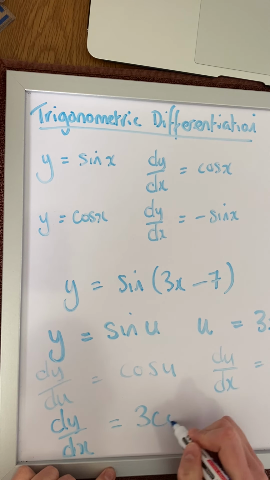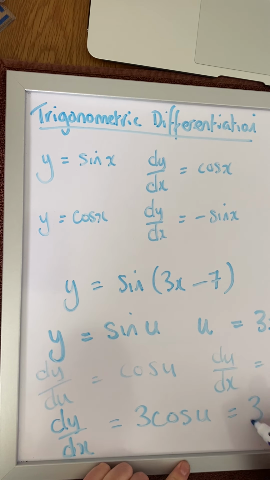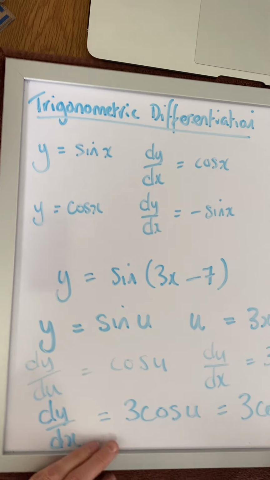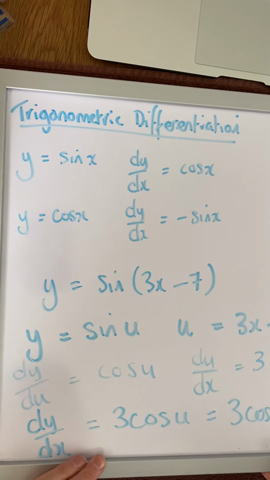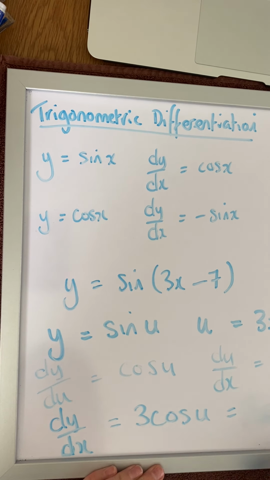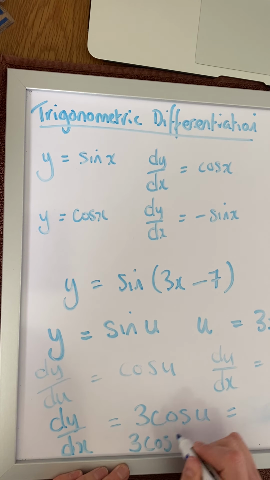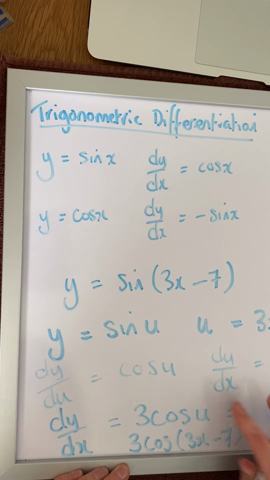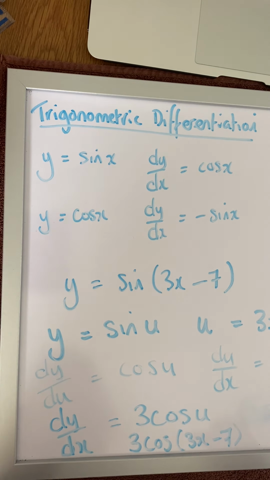So that's 3 cos u, or 3 cos(3x minus 7). I'll write this underneath so that we can see it: 3 cos(3x minus 7). So we do end up with the same answer at the end. It just depends on which method you feel more comfortable with.